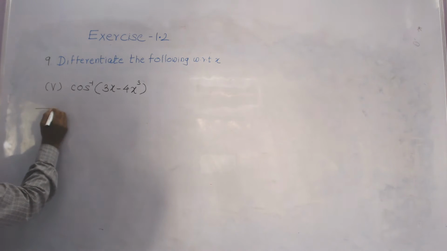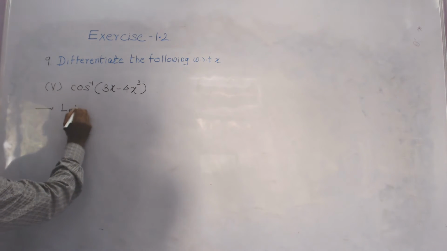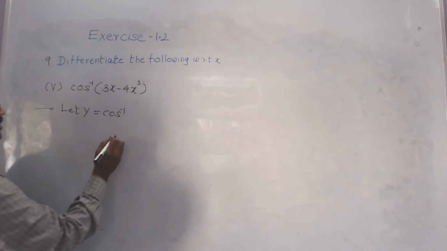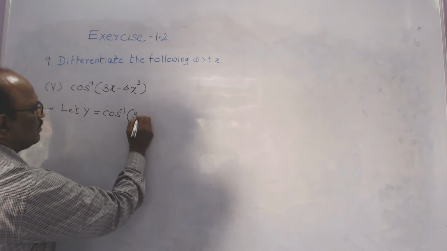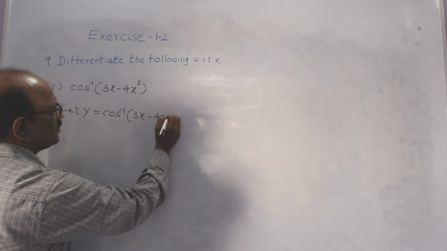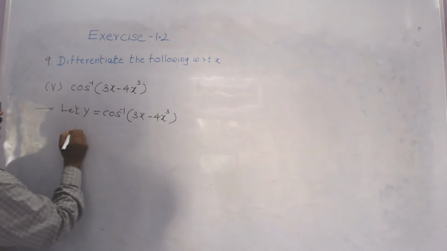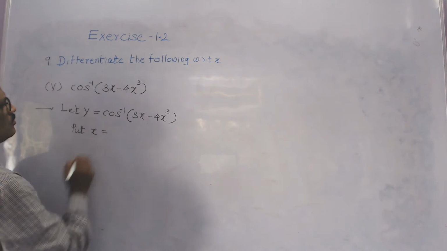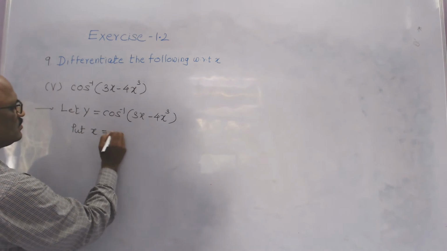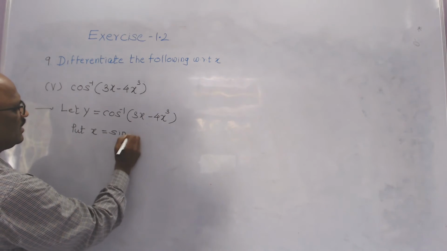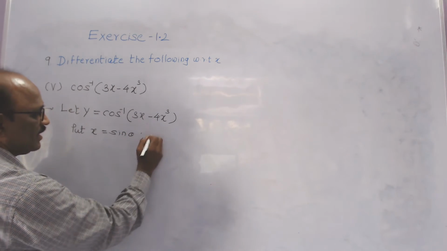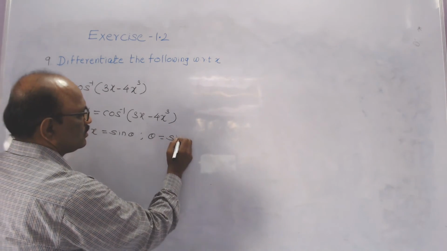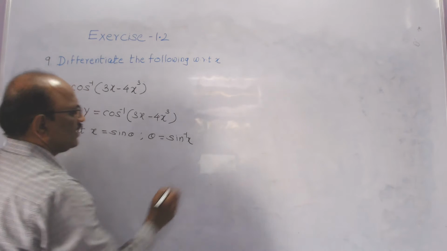Now first of all, let y is equal to cos inverse of 3x minus 4x cube. Put x is equal to sin theta, and therefore theta is equal to sine inverse of x.